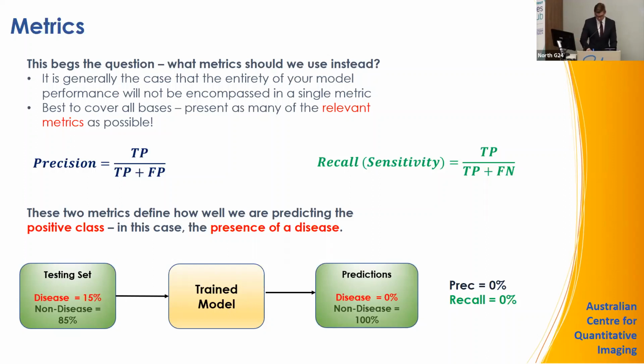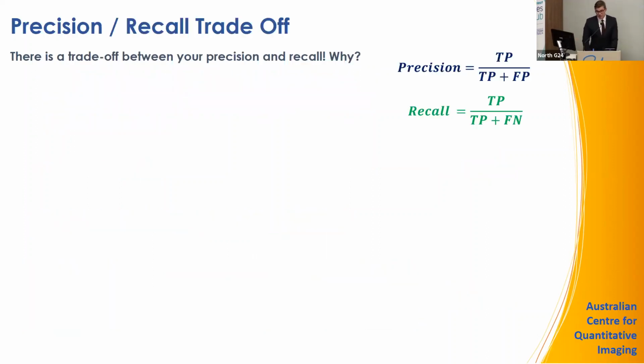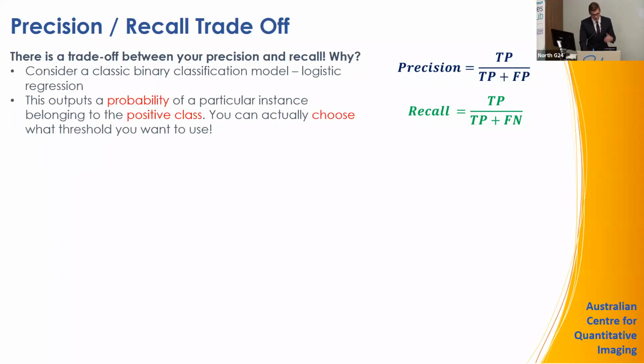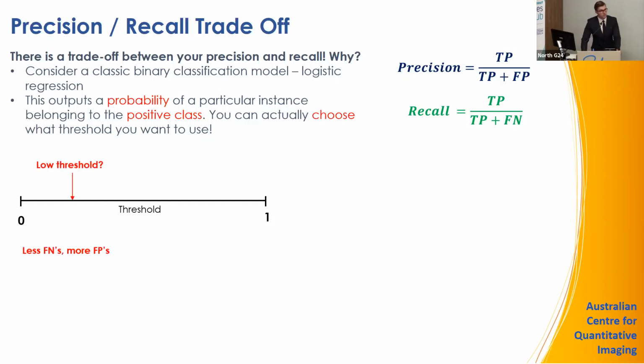So these metrics tell us a lot better how well the model is performing, or in this case, how poorly the model is performing. There is a trade-off, however, between your precision and your recall, because consider a binary classification model like your logistic regression. This will output a probability of a particular instance belonging to the positive class. However, you can actually choose the threshold that you want to use. So it'll output a number between 0 and 1.